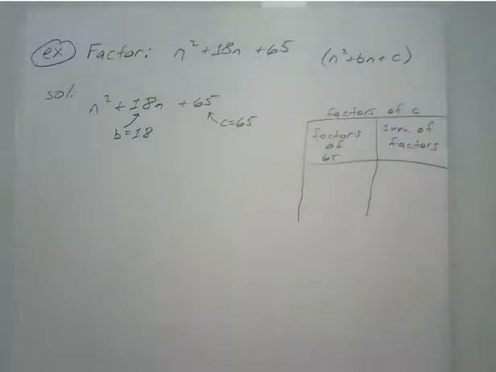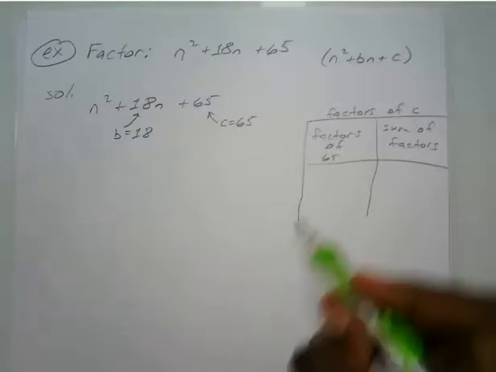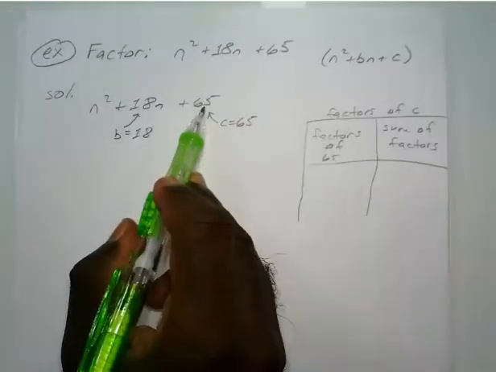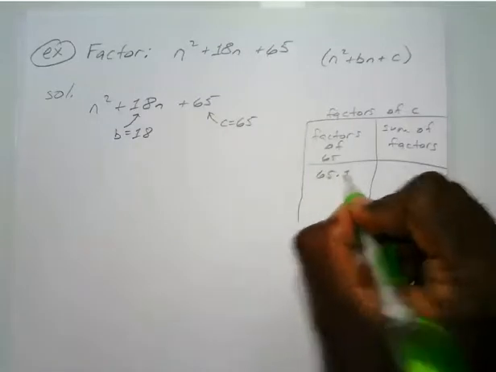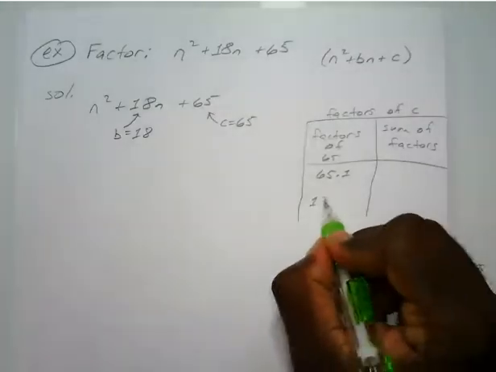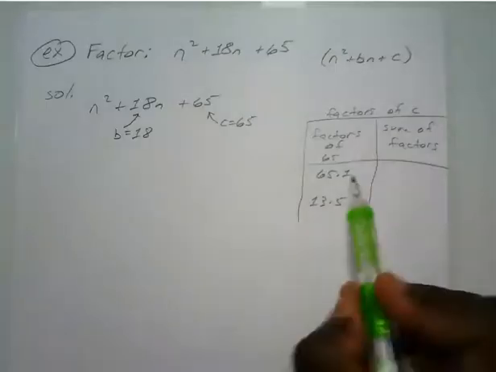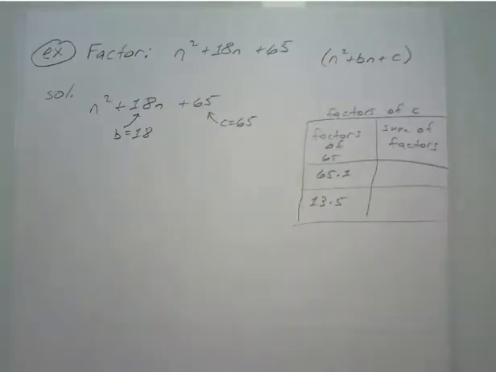Okay, now this would help you if you couldn't really figure out where to start. Okay, so if you list all of your factors of 65, you have 65 times 1, and you have 13 times 5. Okay, I'm pretty sure you figured out which one you can use for this one already, but we'll go ahead and go through the steps.